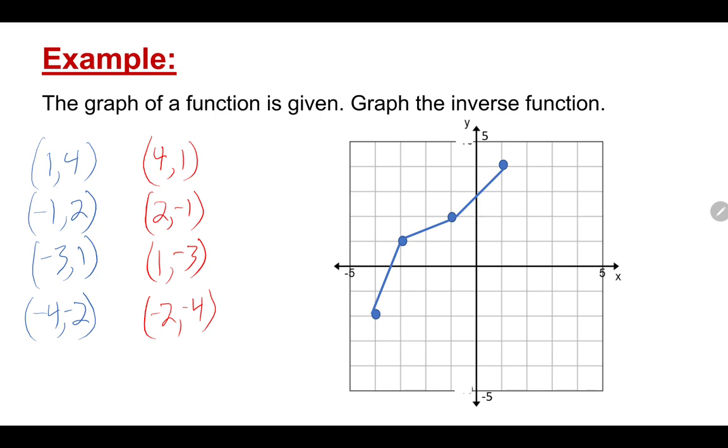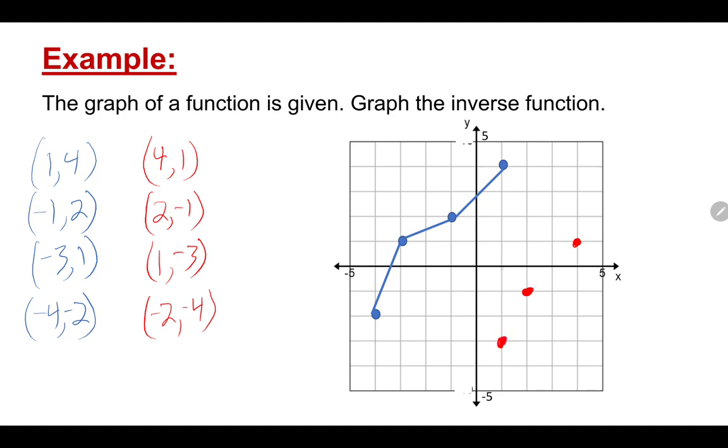All right, let's put these points on. So 4 is way out here, and then we go up 1, so up here. So we'll put a point. And then at 2, negative 1, we have a point. And then at 1, we go down to negative 3, which is down here.